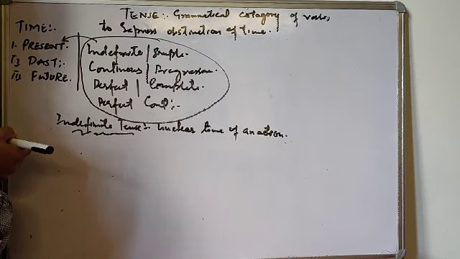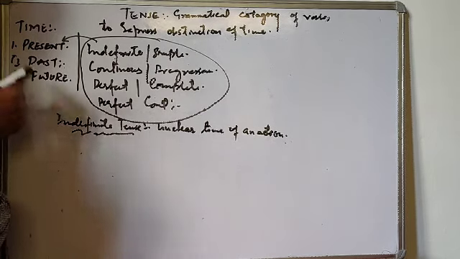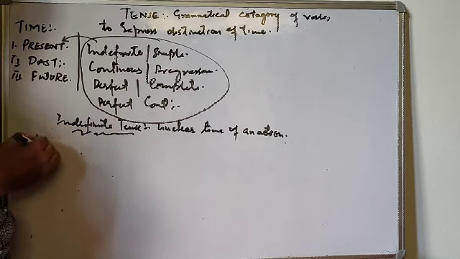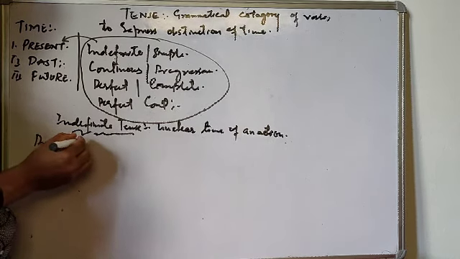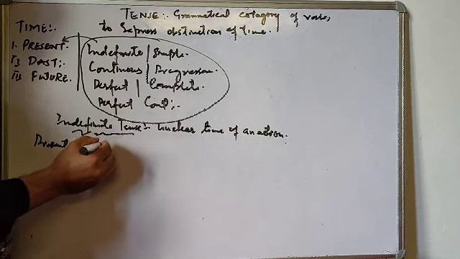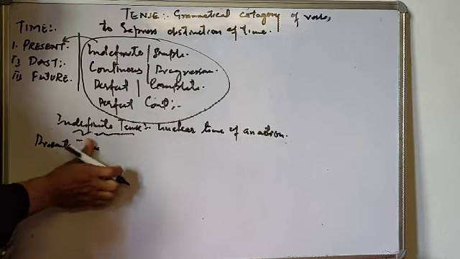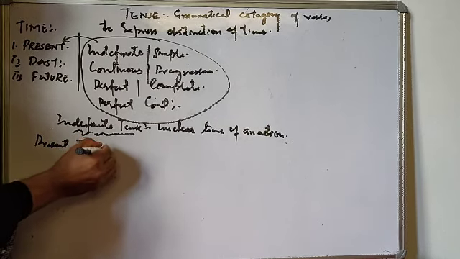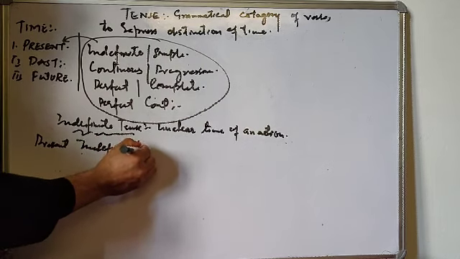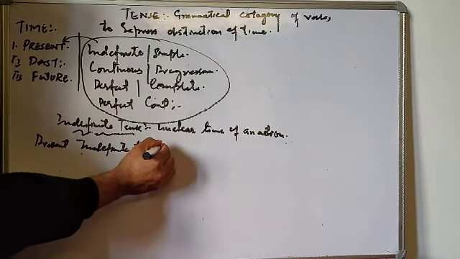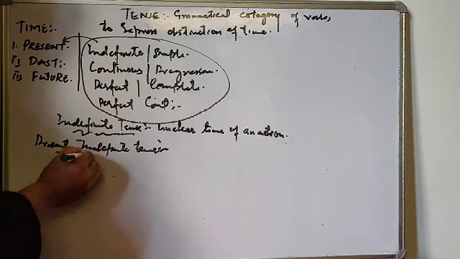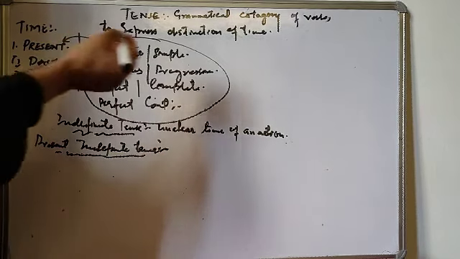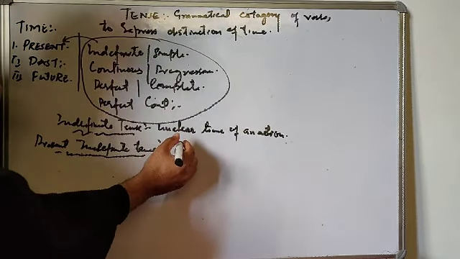We do not know the actual timing of certain actions. We put them in this category, indefinite tense. If we contrast it with present tense, it becomes present indefinite tense. Let us see how it is made.